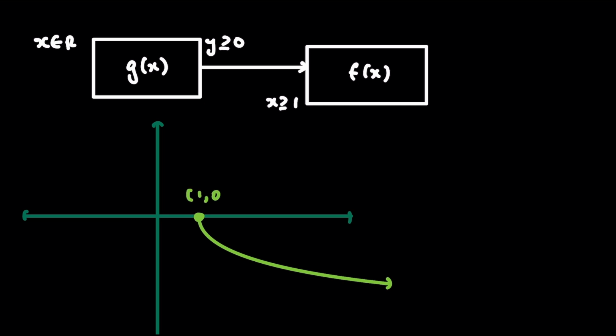And this coordinate here is (1, 0). Now, the range of this function, as you can see, is showing any y value that's going below or equal to 0. And it really helps with the graph, so that's why with a range I always insist you draw a graph. y is less than or equal to 0.